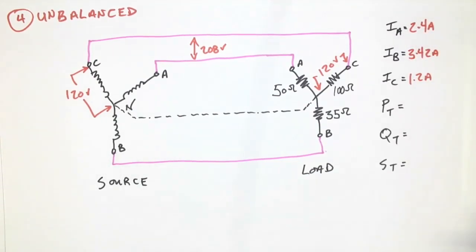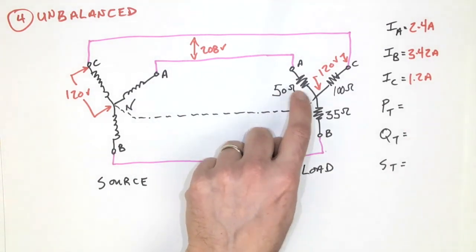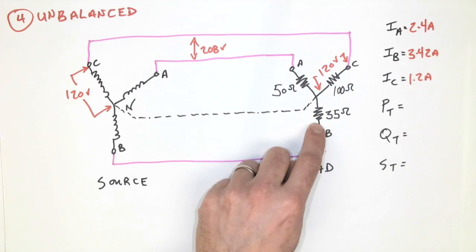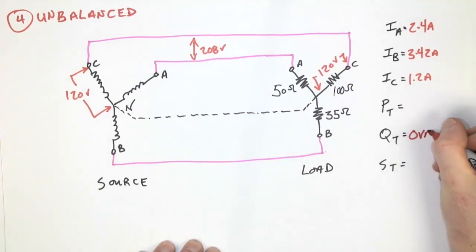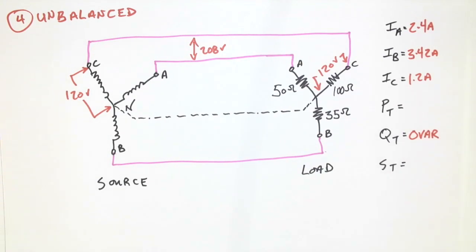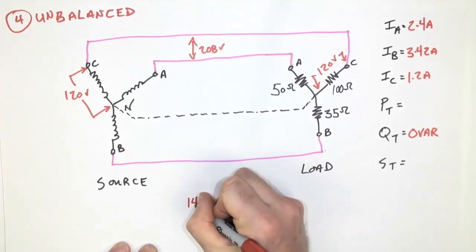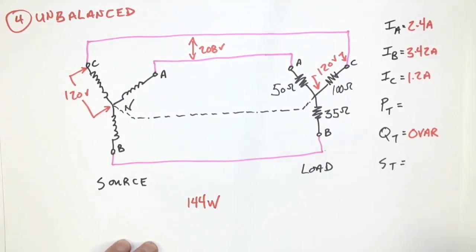Now I'm going to work out the power. So total power, I'm going to have to add these three together. And immediately I can see that we are going to have 0 var, and that's because there is no inductive or capacitive loads. So 120 times current 1.2, 144 watts.